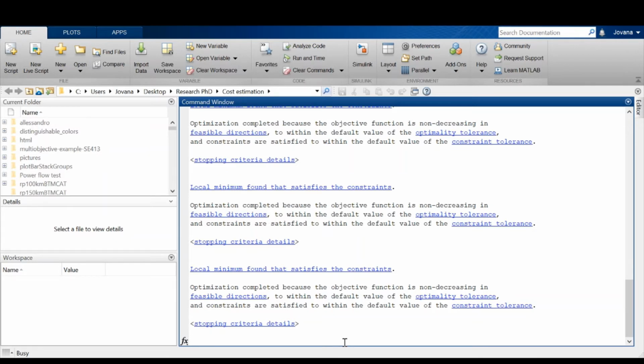Now we will see how the graphs look. The first thing we will get is the combinations with one reactor, two reactors, and three reactors, and the comparison between them, to see by the cost of the objective function which would be the most optimal one.